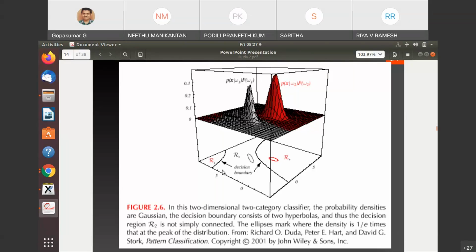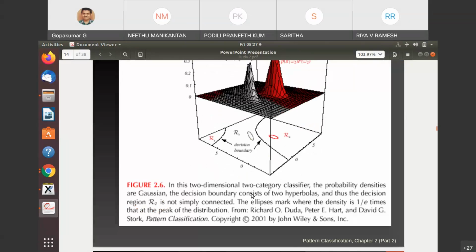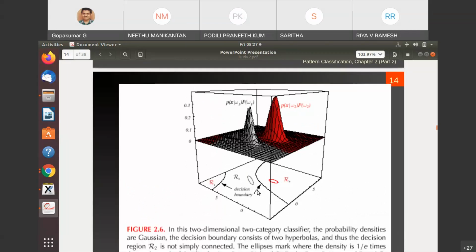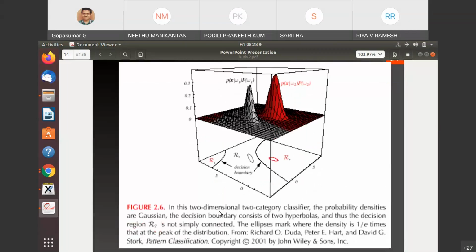That's why a majority of R2 comes here and some portion of R2 comes there, but R1 is in this particular mode. And the ellipses represent 1 by e times the peak of the distribution, just to show where the highest peak comes. We are not interested in that anyway.